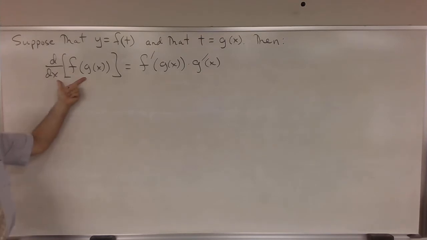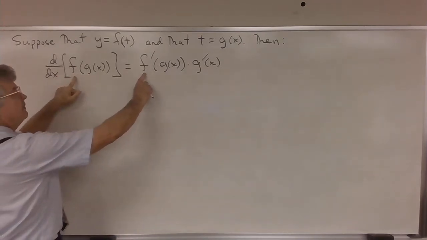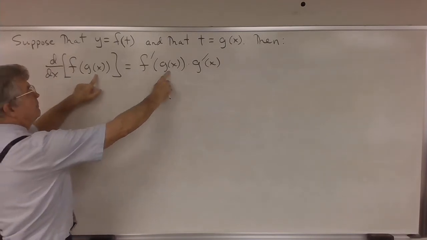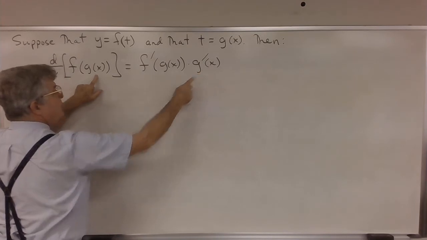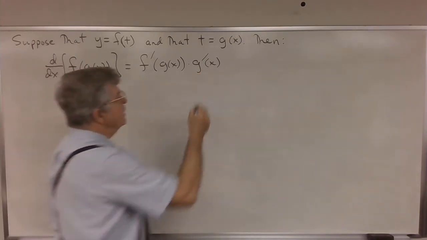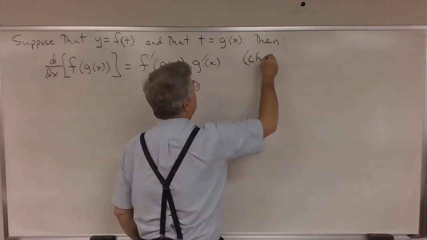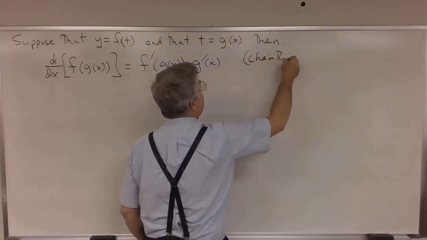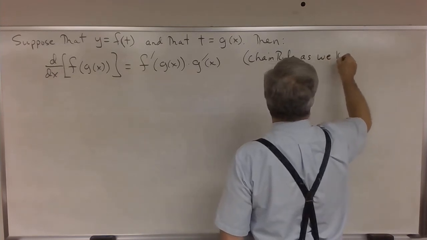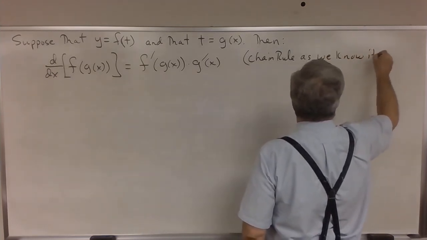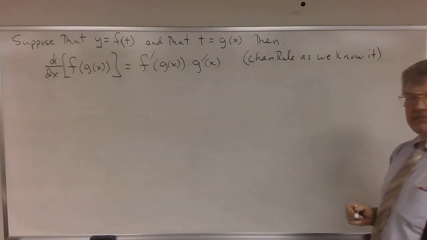Here's the chain rule as we know it. The derivative with respect to x of f evaluated at g of x. It's the derivative of the outer evaluated at the inner times the derivative of the inner. So this is the chain rule as we know it.